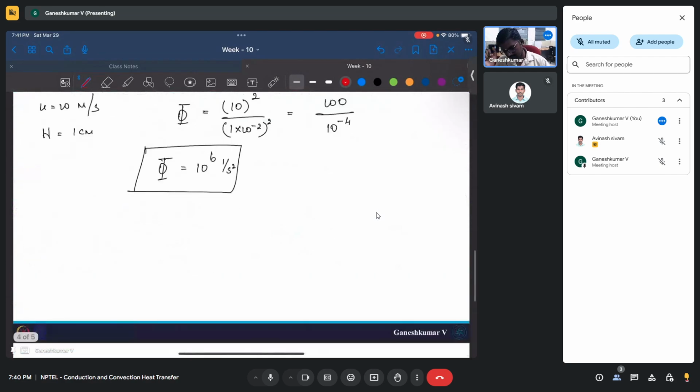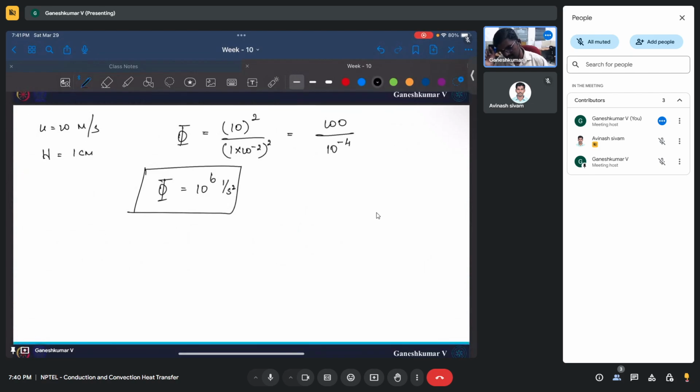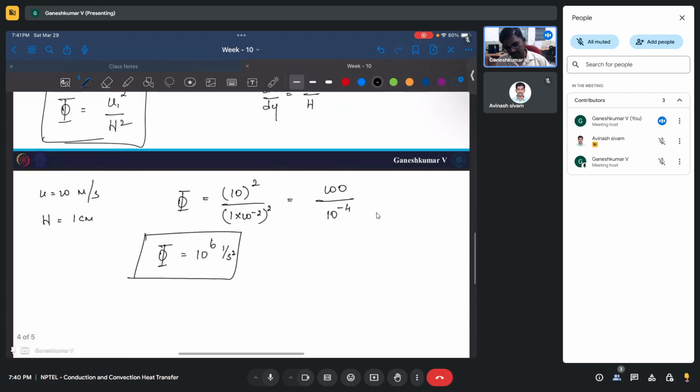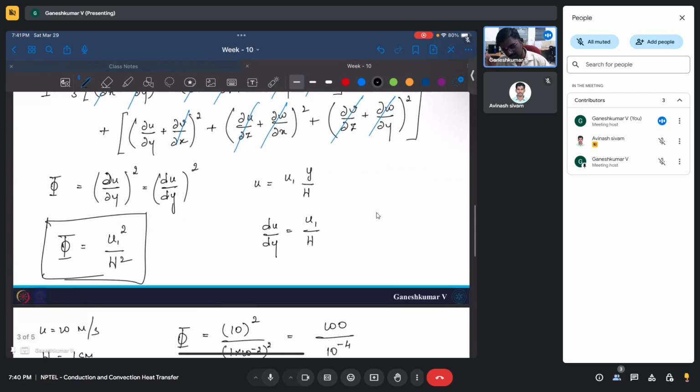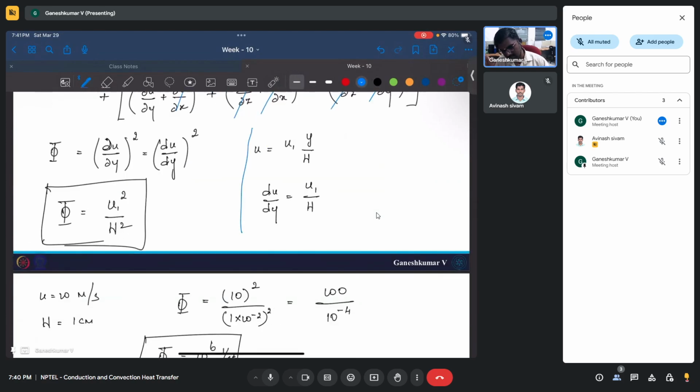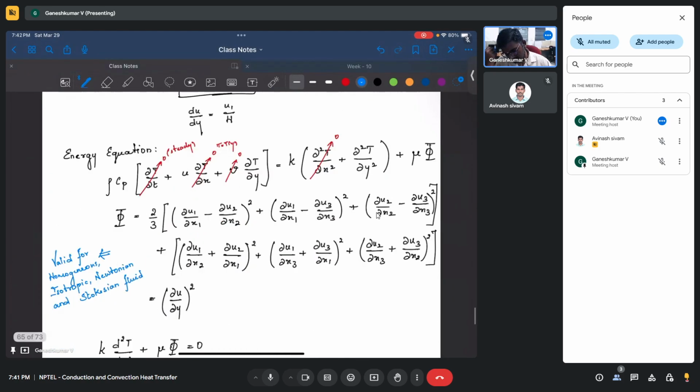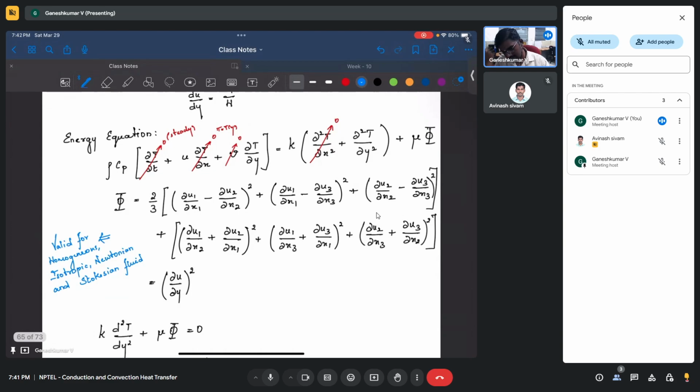And for this, we already have the velocity profile. We have to substitute this in the energy equation. Once you substitute this in the energy equation, simplify it and solve it, you will end up having the temperature profile. And that is exactly what we did in the energy equation in the class itself.